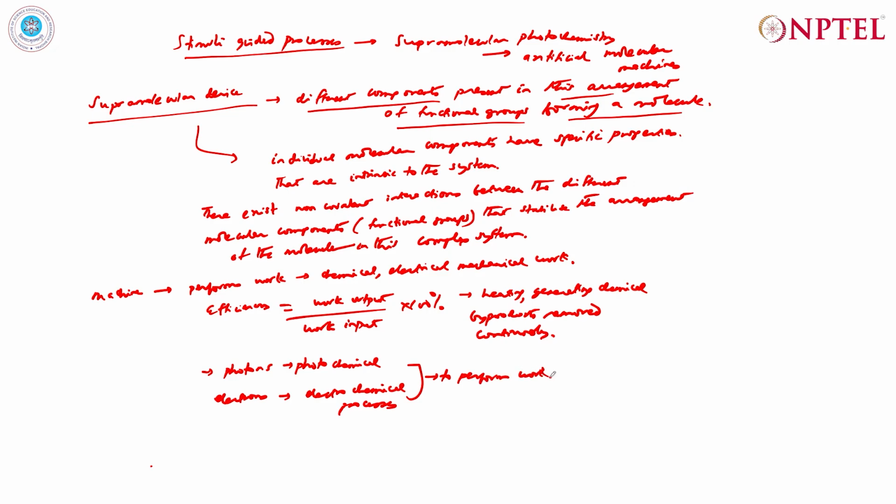Okay, and so keeping in mind that we are going to combine the concept of machines and apply it to that of a supramolecular device, where essentially every component of this complex system plays a very, very important role.